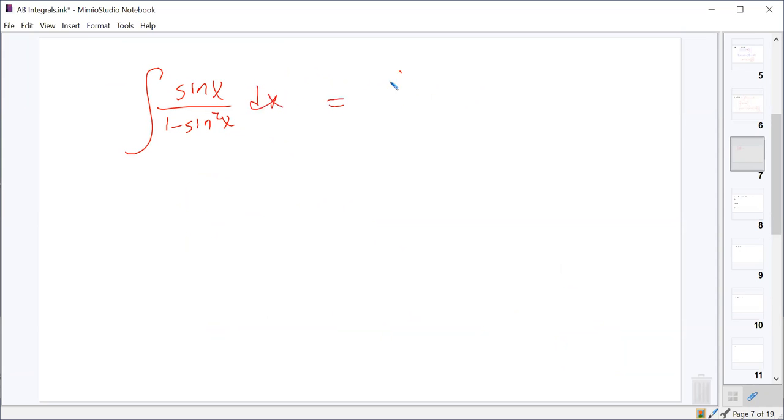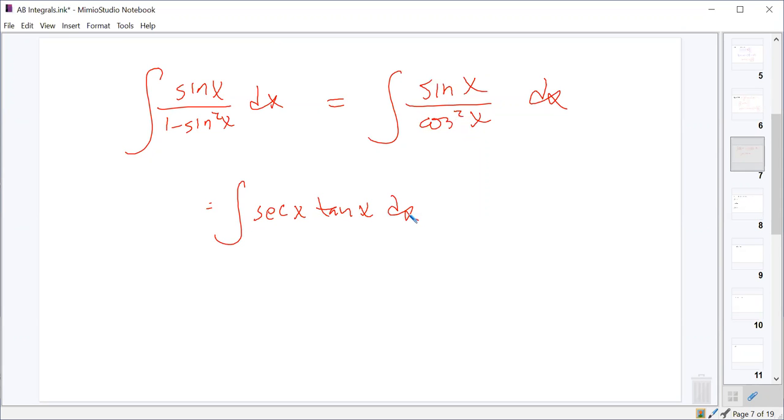So that should be the integral of sine x over cosine squared x if you were to rewrite that. Oh, I just put cosine x. That's why. Yeah, right, cosine squared x. And so then that gives you a tangent x times a secant x, which is an integral you should know. It becomes that, which you can integrate.